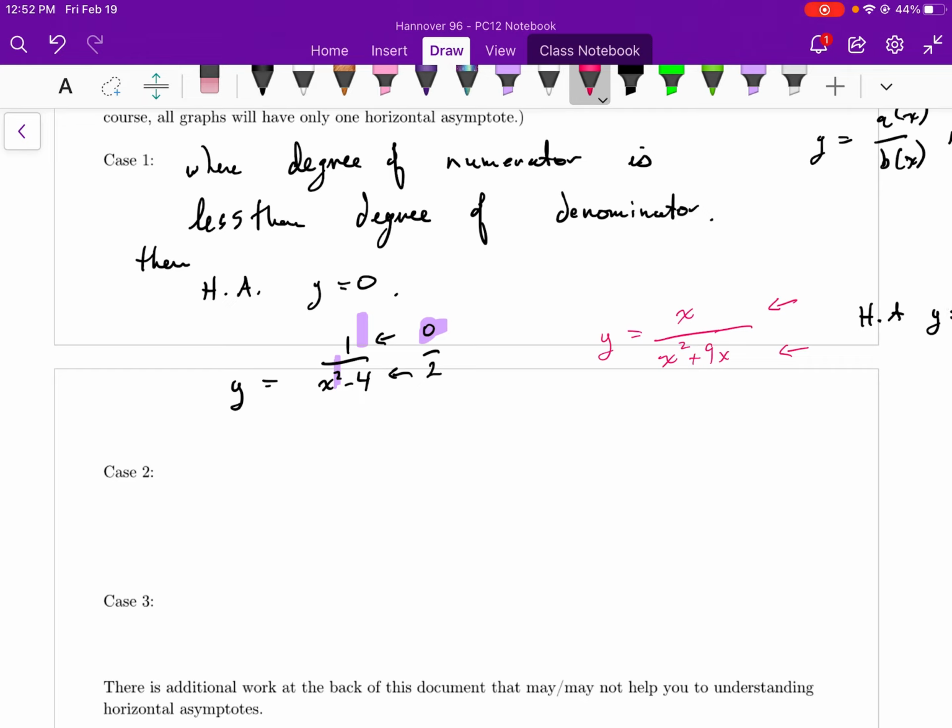Case number 2 is when the degree of the numerator is equal to the degree of the denominator.